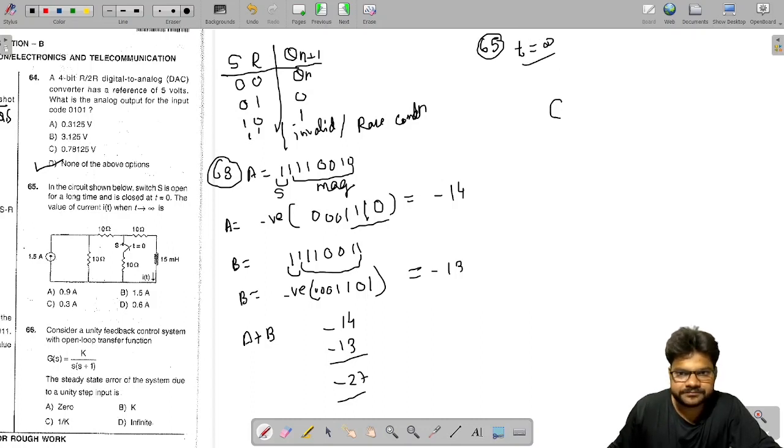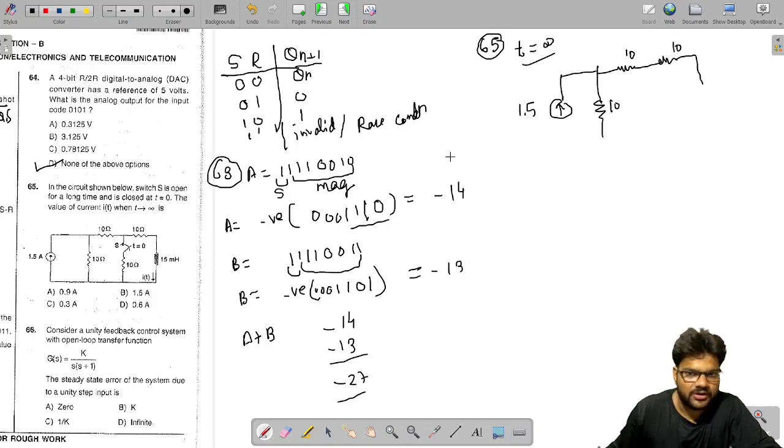Then what will happen? This 1.5 ampere current source is connected, and this 10 ohm resistor, then another 10 ohm, and this inductor. This 1.5 ampere will keep on connecting with this inductor for a long time, and at t equals infinity this inductor will be fully charged, and at steady state this inductor will be shorted.